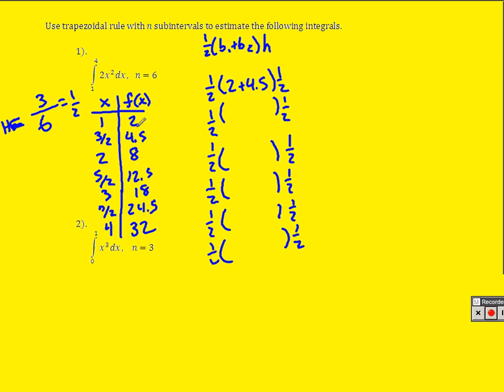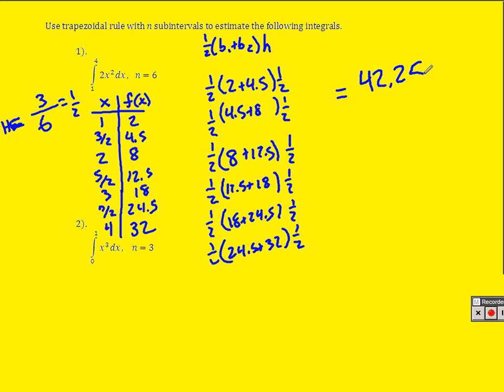It should be 2 and 4.5 for the first one, 4.5 plus 8 for the second one, 8 plus 12.5, 12.5 plus 18, 18 plus 24.5, the last one, 24.5 plus 32. When I add all these up, I should get an estimated area of 42.25 for my answer.